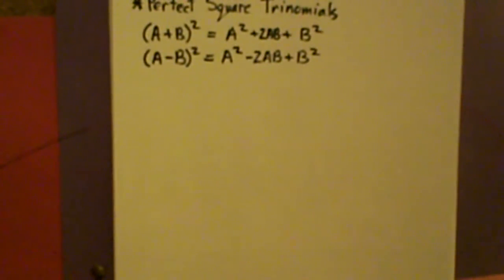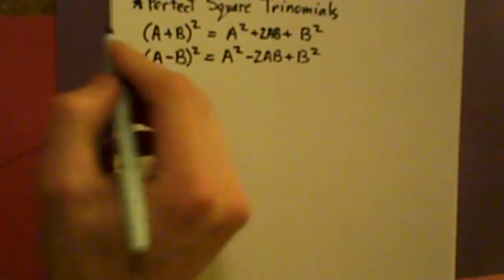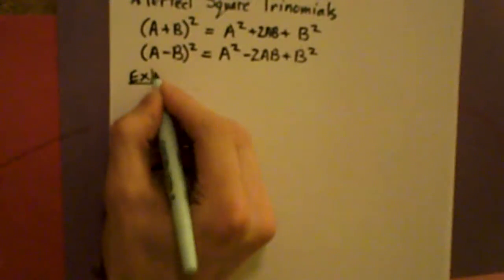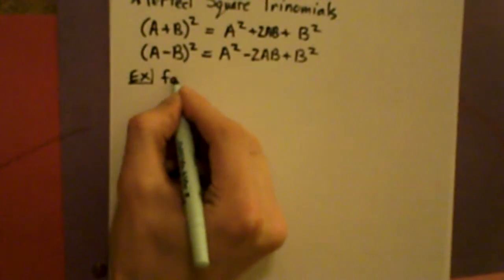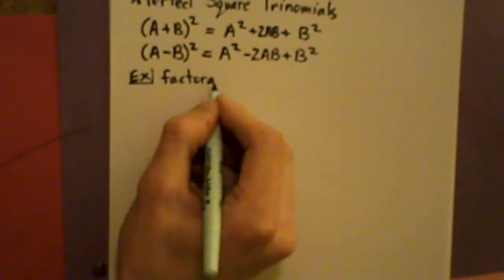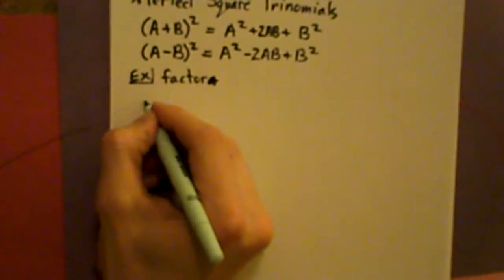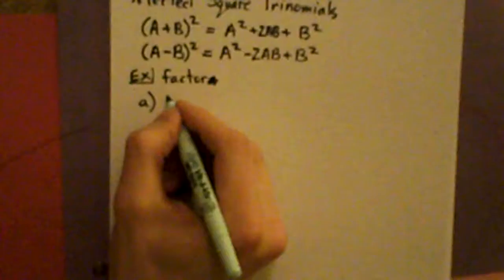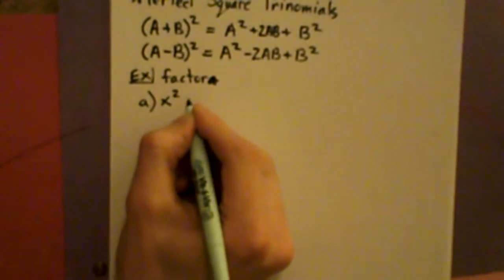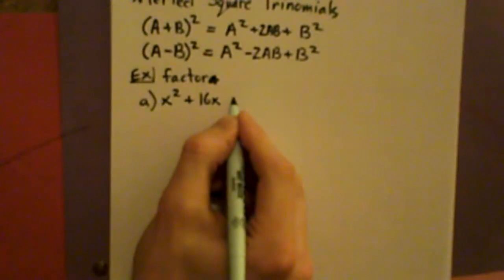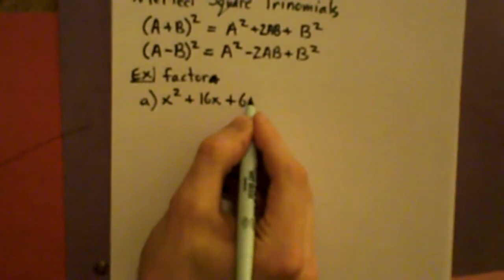And I have a couple of examples here. Example: factor. Example A, x squared plus 16x plus 64.